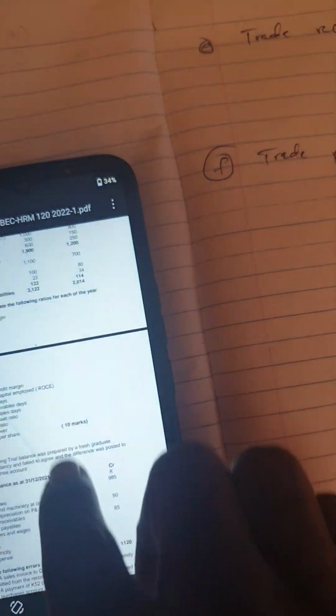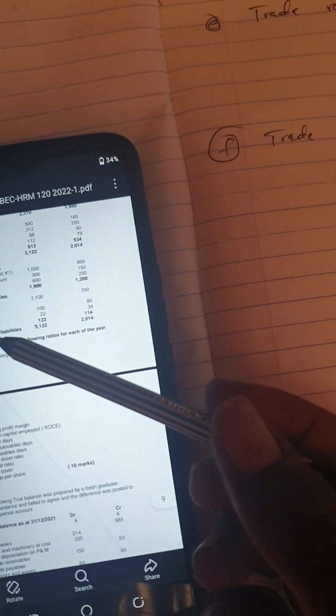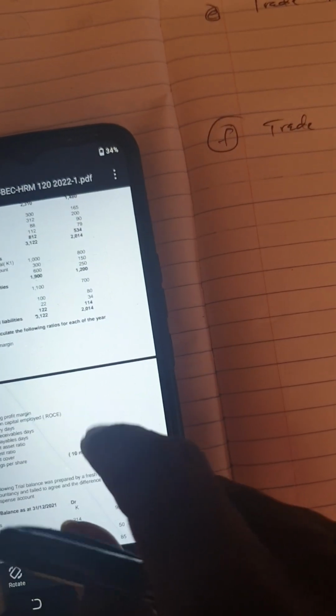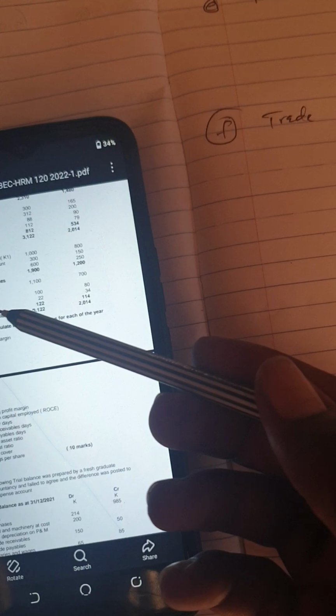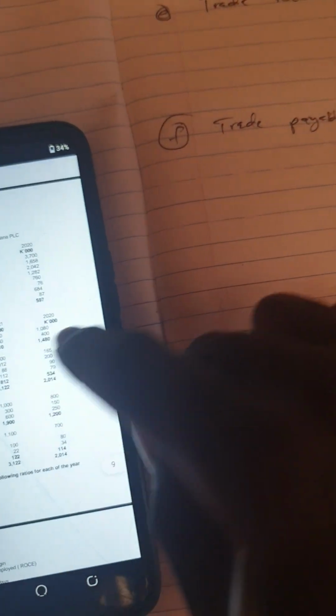Our creditors were 100, so we have 100 divided by purchases. We don't have information on purchases, so we're going to use our cost of sales, which was 1985.